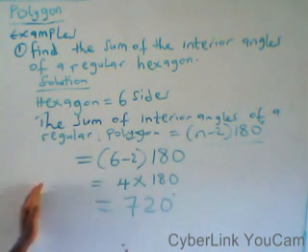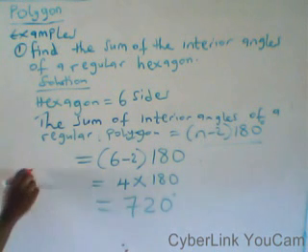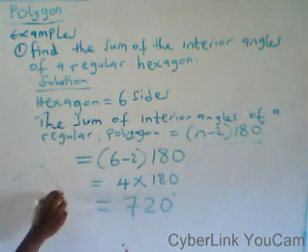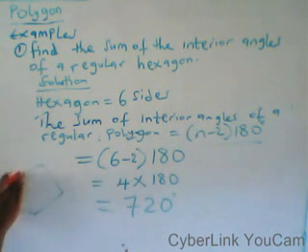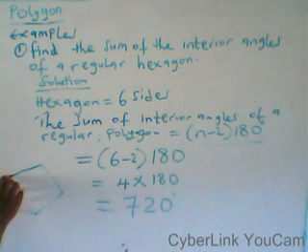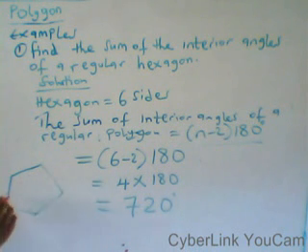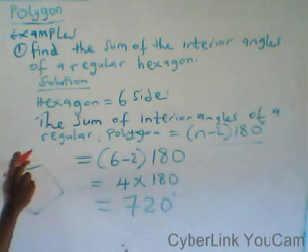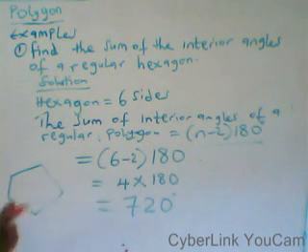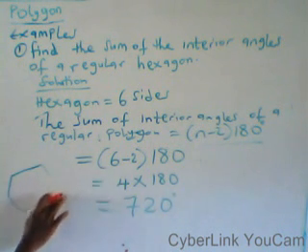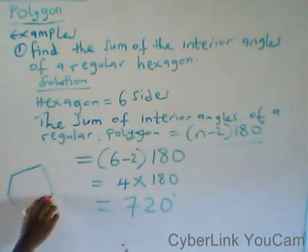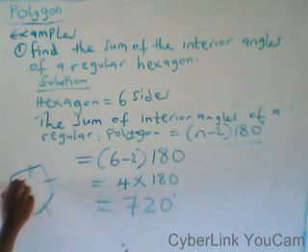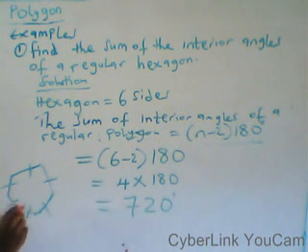A hexagon is a polygon of 6 sides: 1, 2, 3, 4, 5, 6. So what this question is telling us is that all these sides are equal.